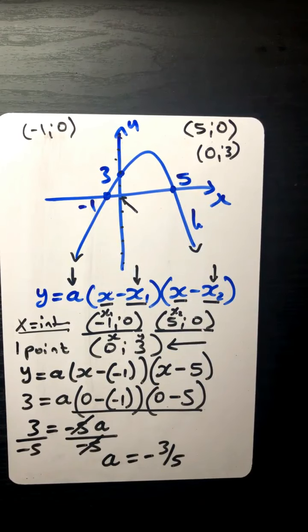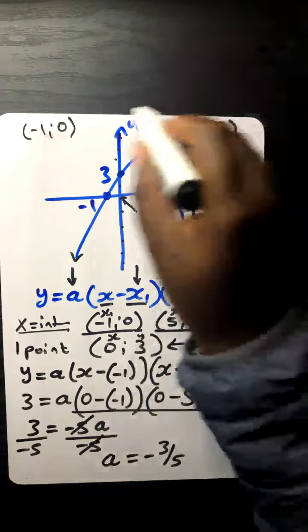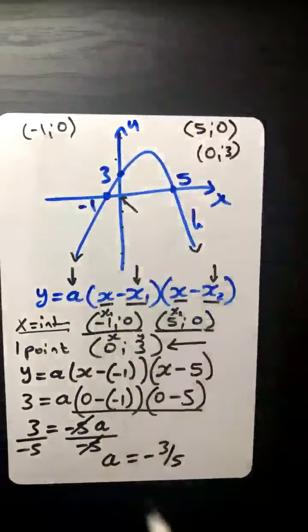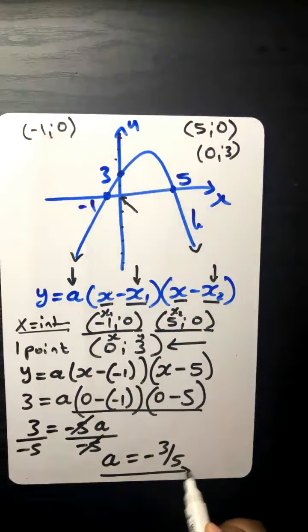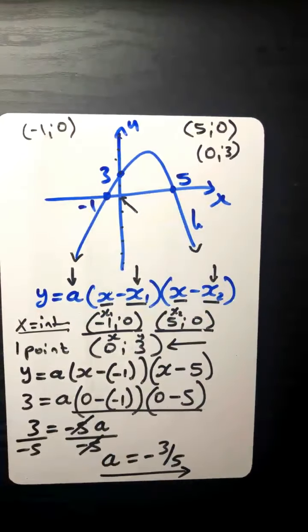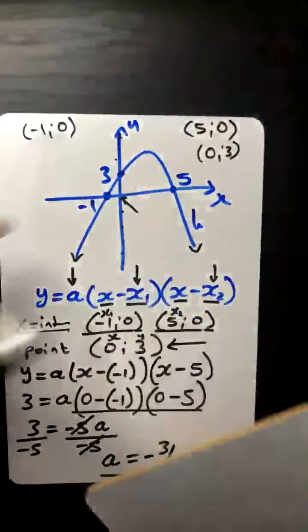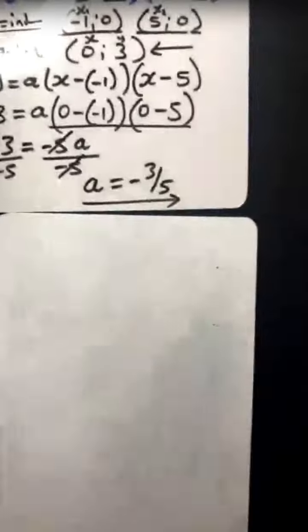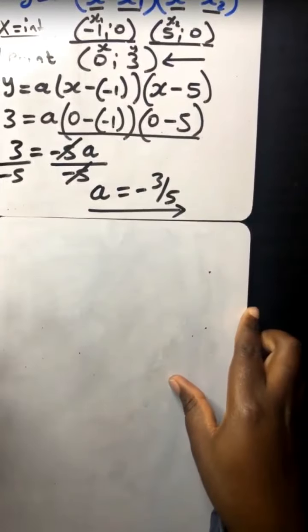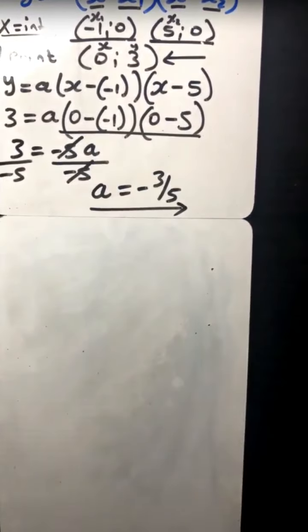So let's say the question said give the equation for that. Because you calculated the value of a, it doesn't mean you are done. Let me get another board to continue. This is now what you need to do.